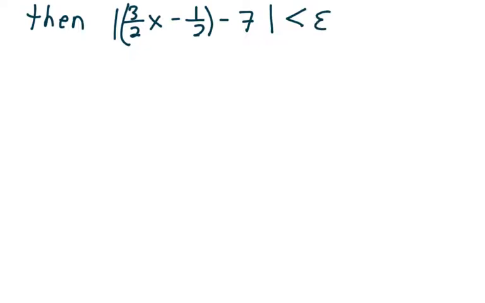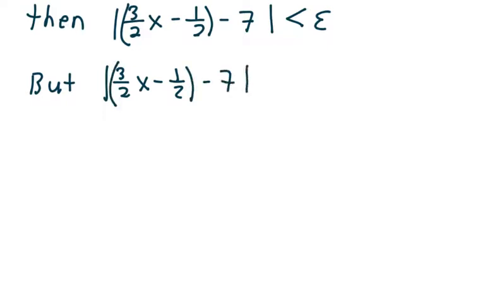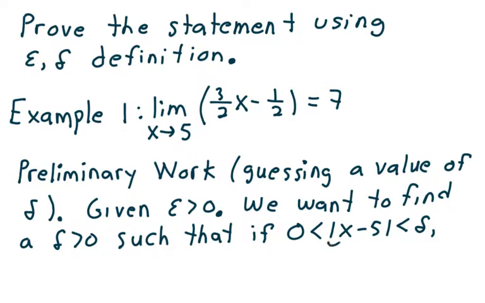But, so I'm going to say, but the absolute value of 3 halves x minus a half minus 7. Now, the comment I'm going to make here is I'm wondering if it's possible to rewrite that in terms of x minus 5 in absolute value, because the absolute value of x minus 5 is something that we know about.